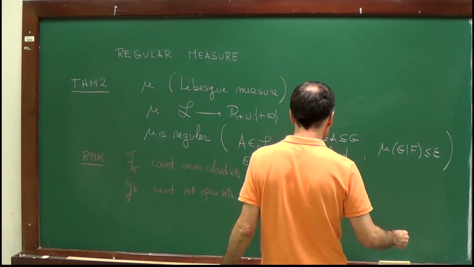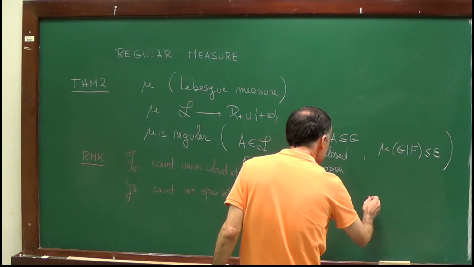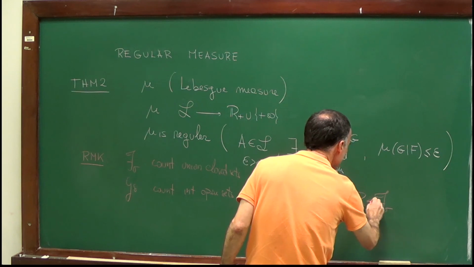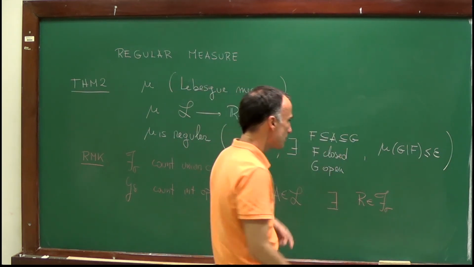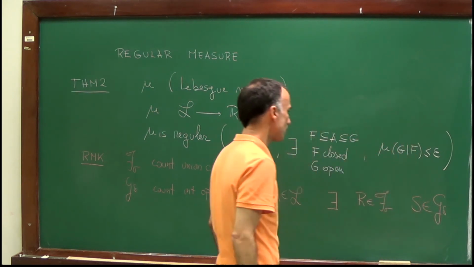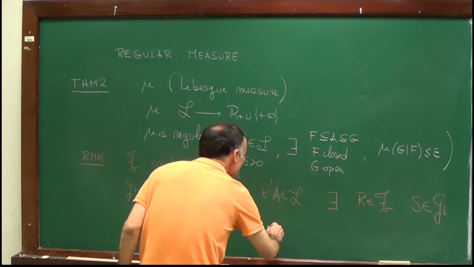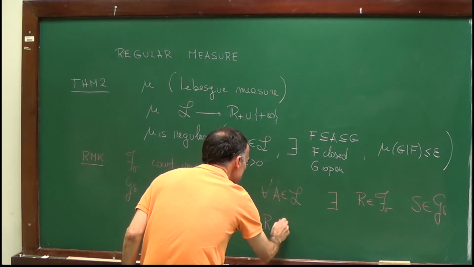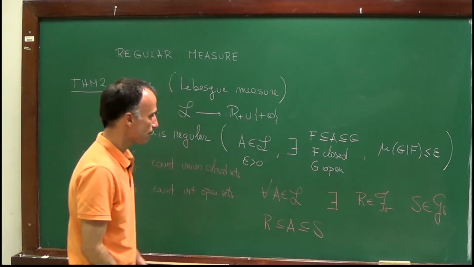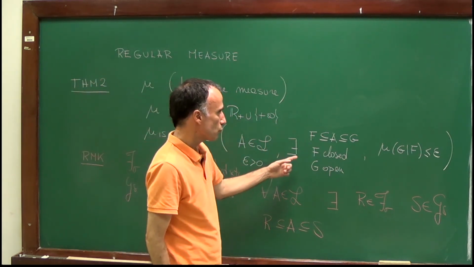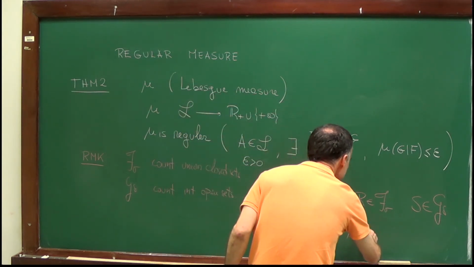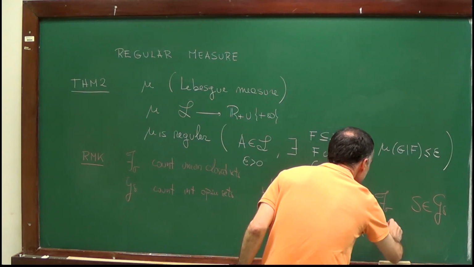Let me call this set in F sigma R. And let me call S a set which is in G delta, such that R is contained in A, which is contained in S, and such that the measure of S minus R is equal to 0.